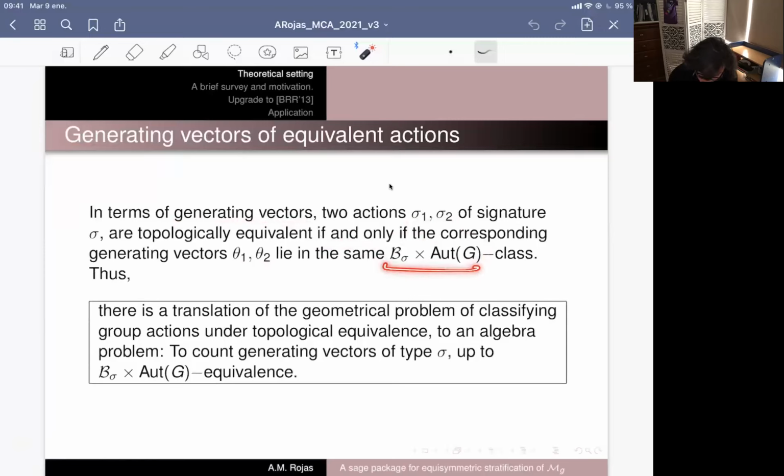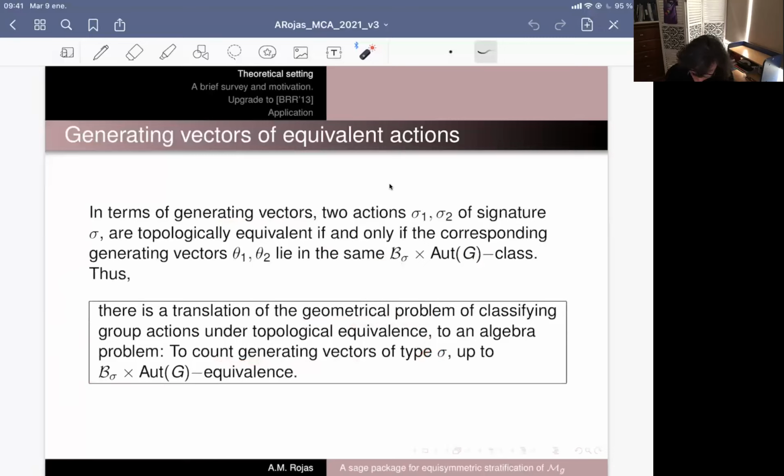I will describe this action roughly, but the core here is that we have a translation from a geometrical problem, which is classifying group actions under topological equivalence, to an algebraic problem, which is to count generating vectors of a fixed type up to some action.